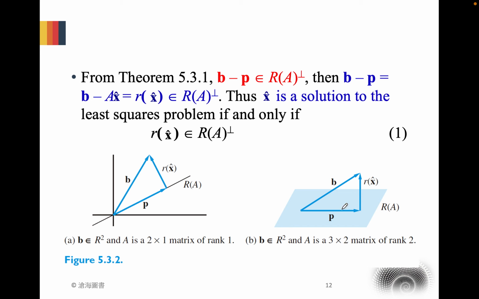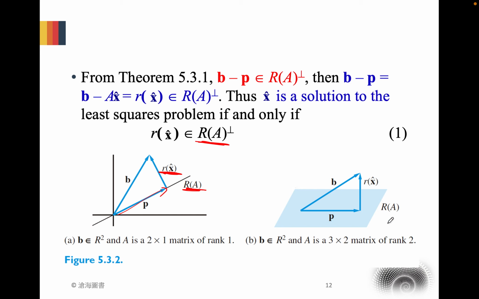So here are two examples. If the column space of A is one-dimensional and vector B is here, then the projection of B onto R of A is this P, and this is the residual. And the residual is in the orthogonal complement of the column space of A. Here is another example.